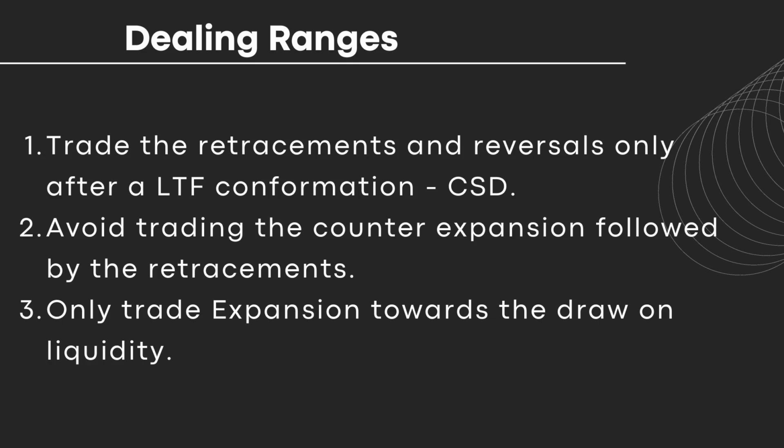So the talking point here is that you should avoid trading that particular counter expansion because they tend to be lower probability, and you should rather trade the reversals that follow those expansions. You need to remember these points when analyzing price action with dealing ranges, and that way you will stay one step ahead and be analyzing everything with the logical framework I've given you in this chapter.